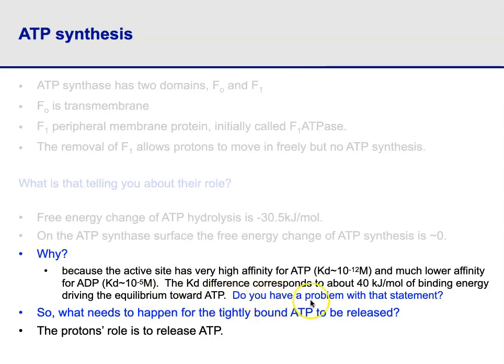At this point, I would ask you this question: do you have a problem with this statement? If you remember how enzymes work, you should be asking yourself how is this okay to say, driving the equilibrium toward ATP? So think back, chapter 6, enzymes, 481, Biochem 1.